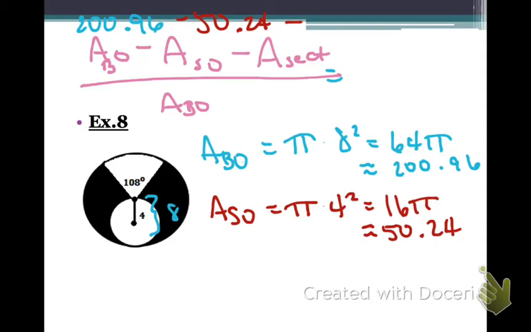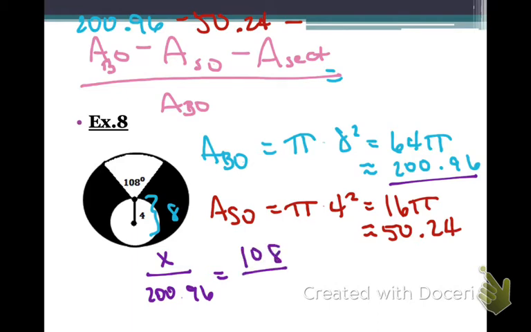Okay. So remember, it's x over the area of the whole circle. Okay, now we just did the area of the big circle. It was 200.96 equals the degree over 360. Cross multiply and solve.